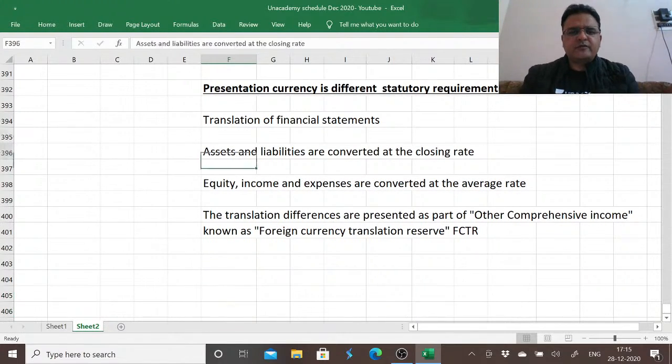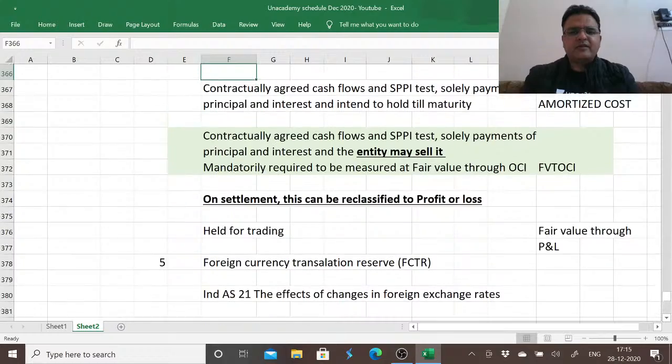Now this is presented through OCI. This comes under the purview of items which can be reclassified to P&L.